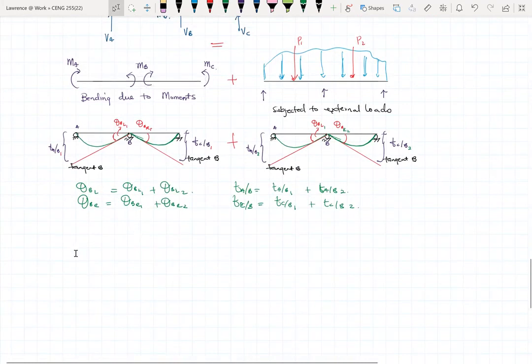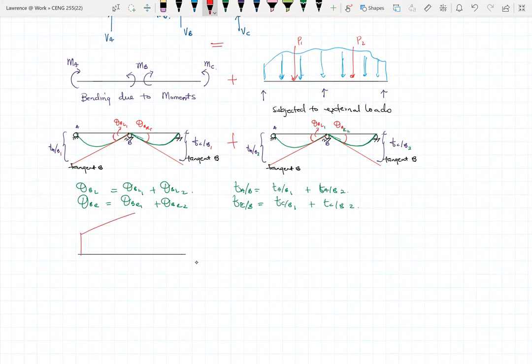Okay. So in the case of only the bending, this is how our bending moment diagram will look. So now I'm drawing the bending moment diagram. It looks somewhat like this. Okay, so this is MB, MC, MA.